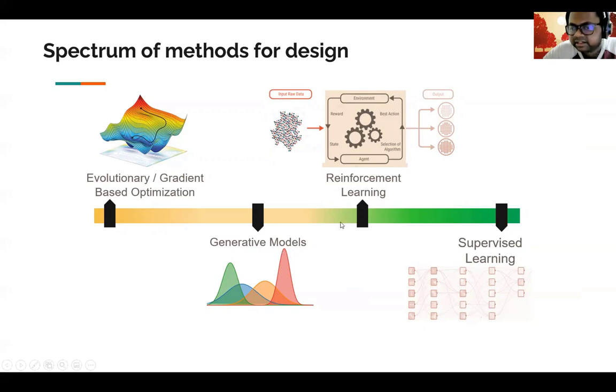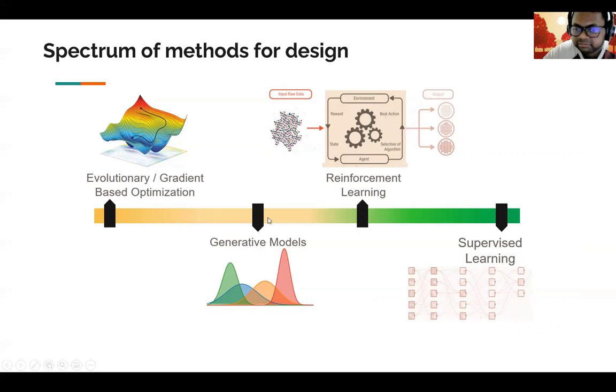And as we explained, supervised learning requires very minimal information. Reinforcement learning still requires a lot of data, but the data here is collected on the fly while the reinforcement learning is performing its episodes of training. Whereas evolutionary optimization performs a lot of computation, but has very little data storage, and it is very computationally expensive.